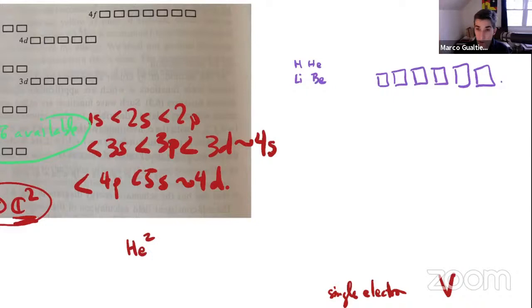And those are aluminum, silicon, phosphorus, sulfur, chlorine, and argon. Okay. And that's when something really interesting happens, because as soon as we get here, we're going to fill up the 4s. Remember that 4s is approximately the 3d, but we're going to fill up the 4s first. Potassium and calcium.